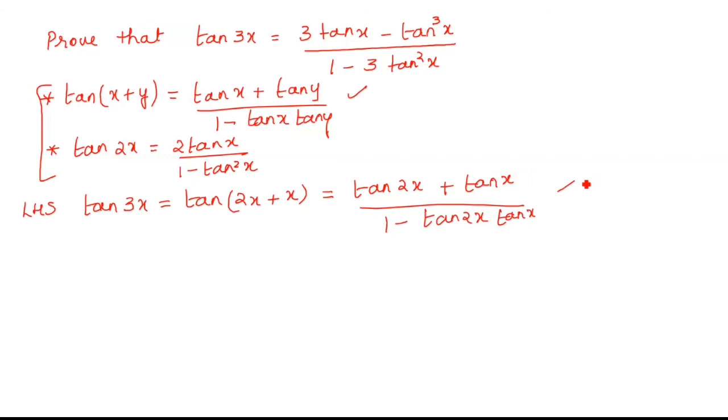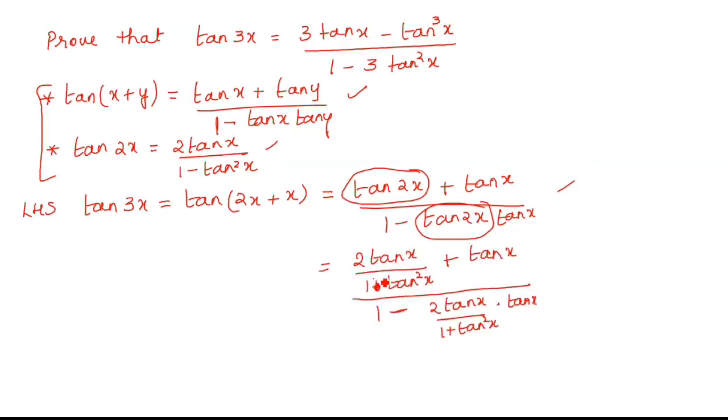Okay, this is your first step, that is using the first formula. Now, you can see tan 2x formula also in terms of tan: 2 tan x by 1 minus tan square x. So, wherever you can see tan 2x, substitute that formula. So, in place of tan 2x, carefully write 2 tan x by 1 minus tan square x. Okay, so this step is over.